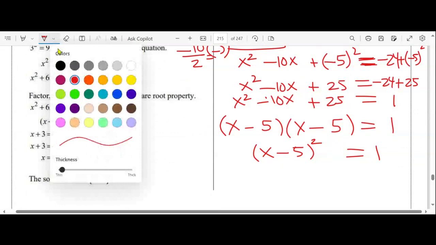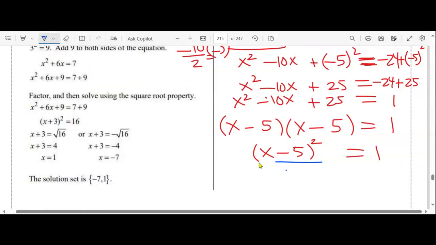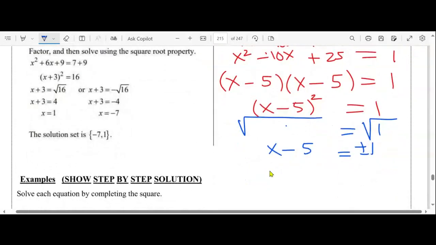If you're smart, what should I do? Take the square root of both sides. What's the square root of 1? Plus or minus 1. Equal to what? x minus 5. So you have two solutions: x equals 6 and x equals 4.